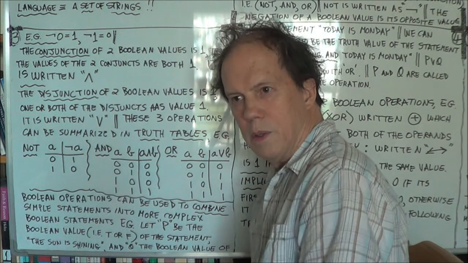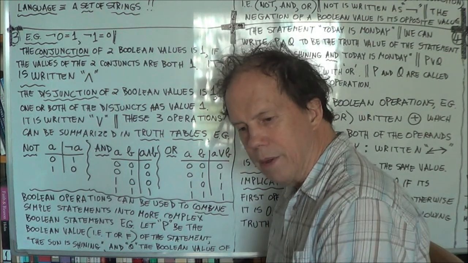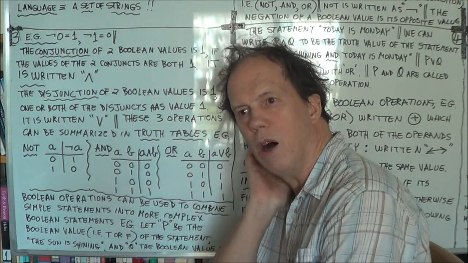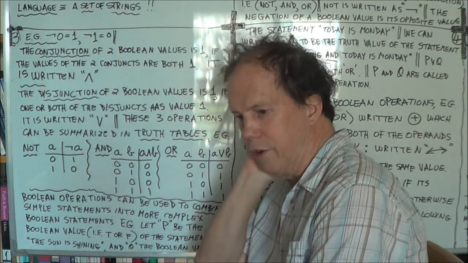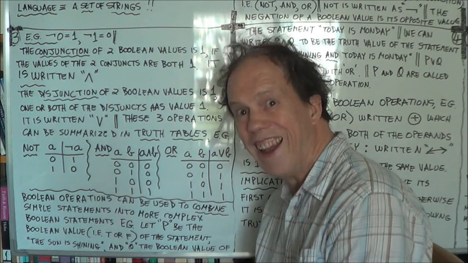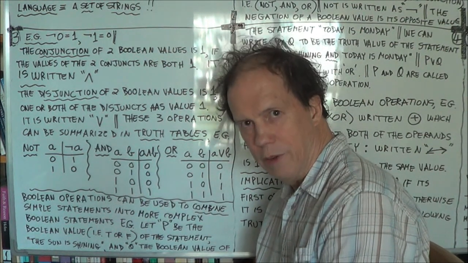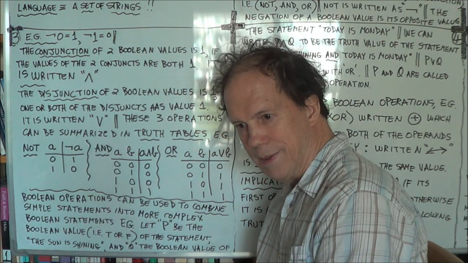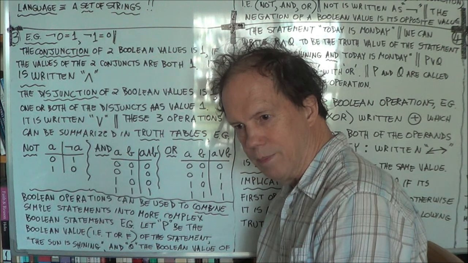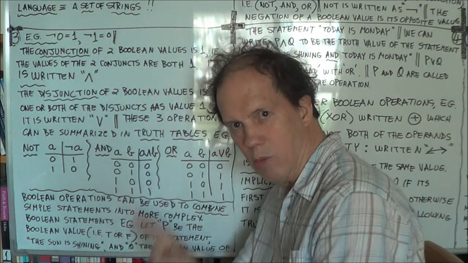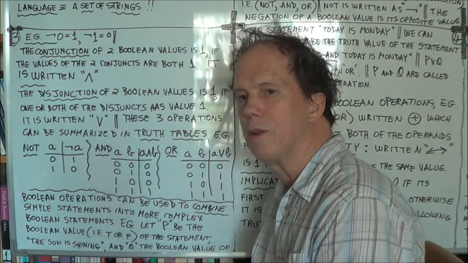Now, we were talking about three different operations that you can perform on Boolean variables. That means you're changing the values of those Boolean variables. Well, if you're changing one Boolean variable, there's only one way you can do that, right?